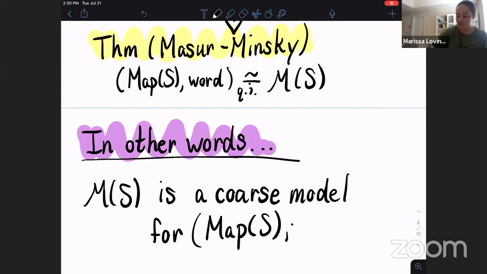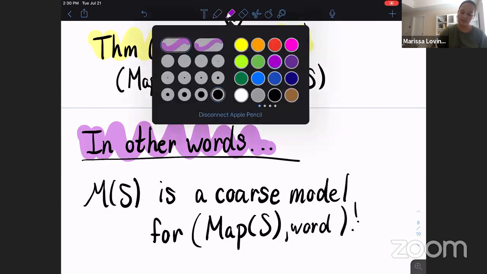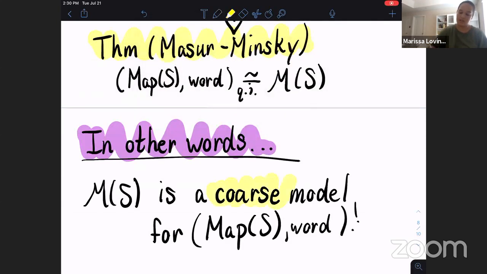Okay, so this is awesome. You get this kind of coarse picture. But it turns out we can actually get even more information. So let's see now how we can leverage this.